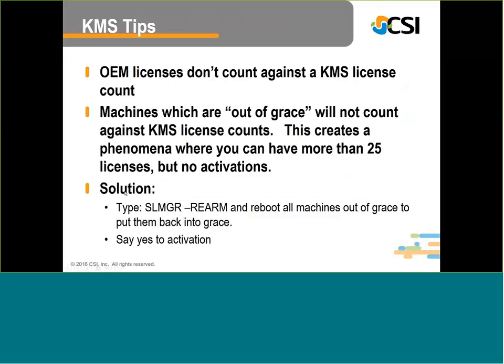But here's the solution for machines out of grace. Type slmgr.vbs space minus rearm and reboot the machine. That puts it back into grace, and therefore it will count against your 25. It will count and allow it to activate. So that's the command. If you find you're out of grace, that's what you do. Reboot and life will get better.